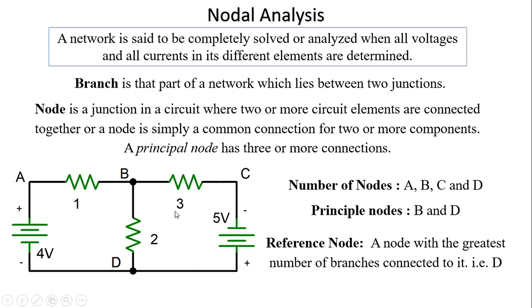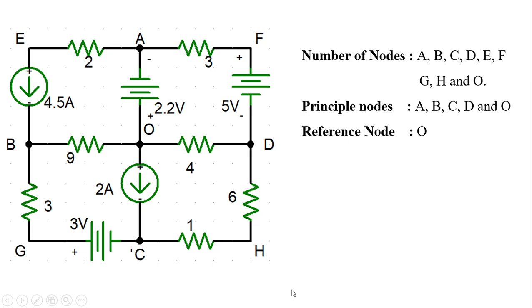Here B and D are the principal nodes, and among them it is advisable to consider D as the reference node. It's not wrong to consider B, but we have to redraw the circuit again to get the results a little more comfortably.